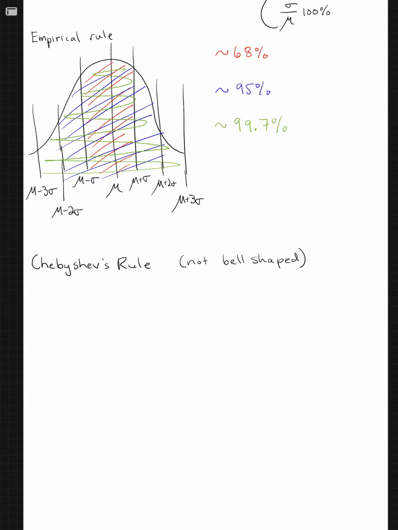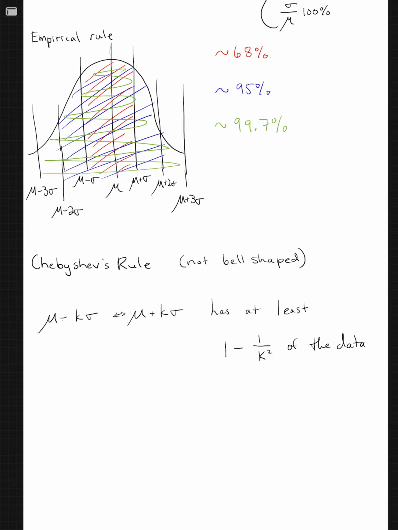If something's not bell-shaped, then mu minus k standard deviations to mu plus k standard deviations has at least 1 minus 1 over k squared of the data.